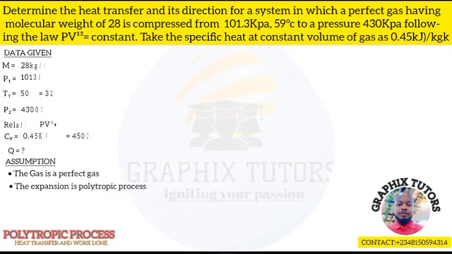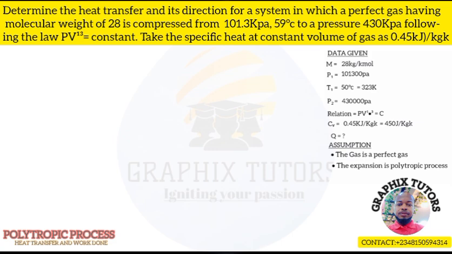So we'll move forward. Like I always tell you, in cases like this, especially when you don't know where to start from, we are told to look for the heat transfer. So what I would advise you is, what is the formula for the heat transfer in this kind of process where you have your temperature, pressure, molecular weight, and the specific heat? So what is your heat transfer?